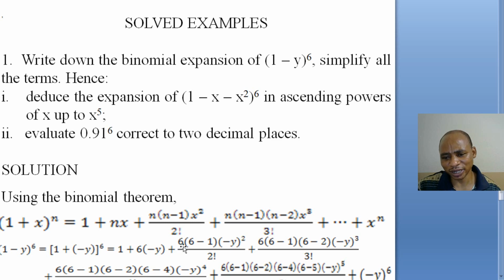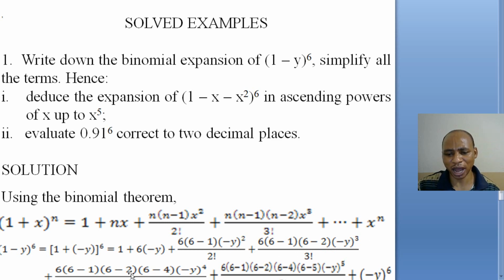plus 6 times 6 minus 1 times negative y raised to the power 2 all over 2 factorial. Then all plus 6 times 6 minus 1 times 6 minus 2 times negative y raised to the power 3 all divided by 3 factorial.